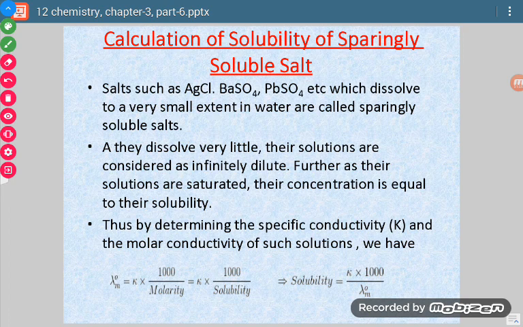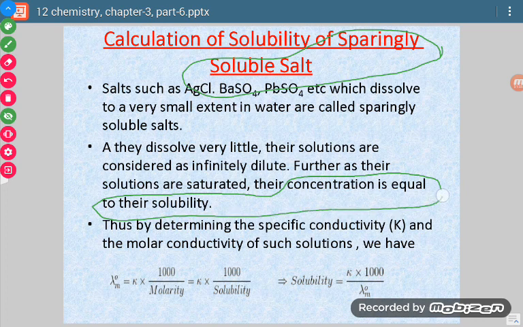The last use is how to calculate the solubility of sparingly soluble salts. Sparingly soluble salts are those salts which dissolve to a very small extent in water. When they dissolve to a very small extent, we can say that in a saturated solution their concentration is equal to their solubility. So in place of the molar concentration of sparingly soluble salts, we can replace it by solubility.